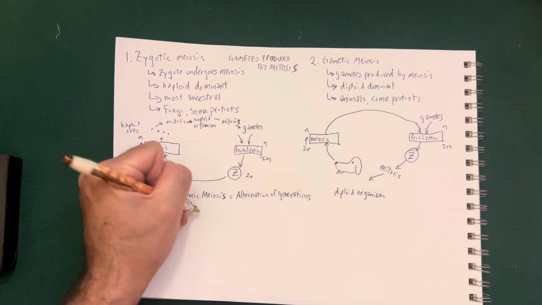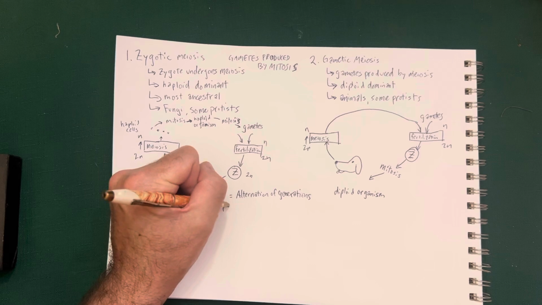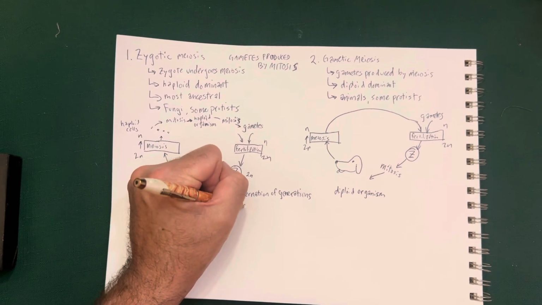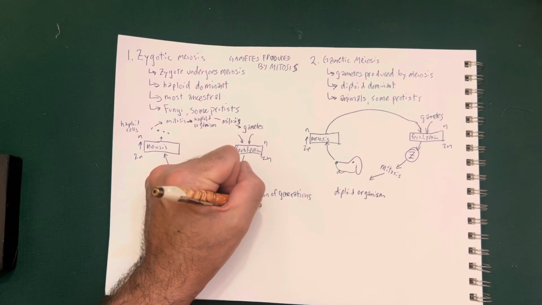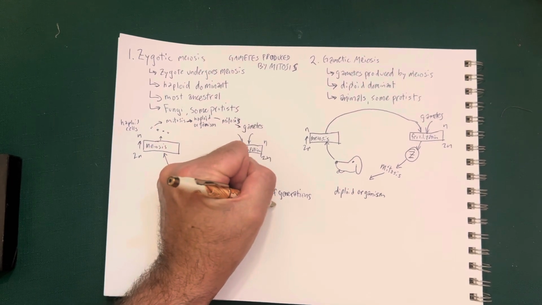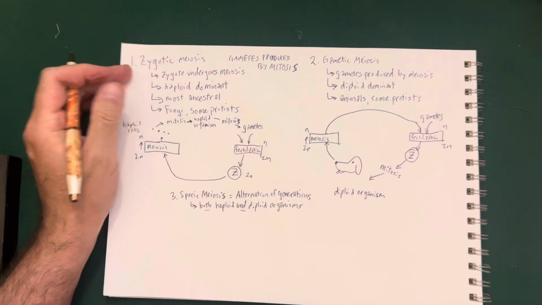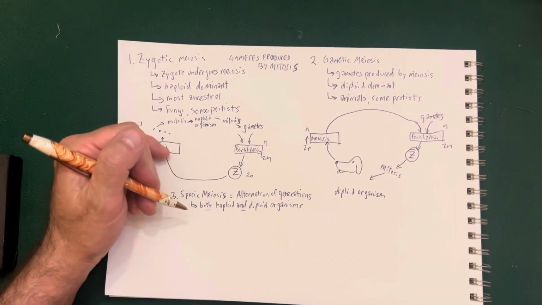So in sporic meiosis, we get both haploid and diploid organisms. They might be multicellular organisms, both haploid and diploid.